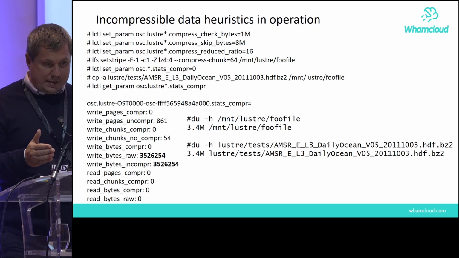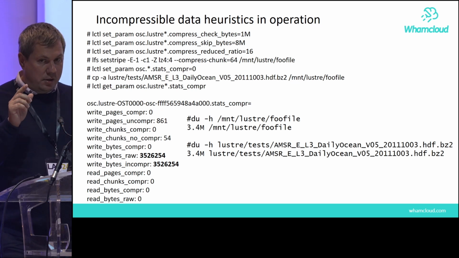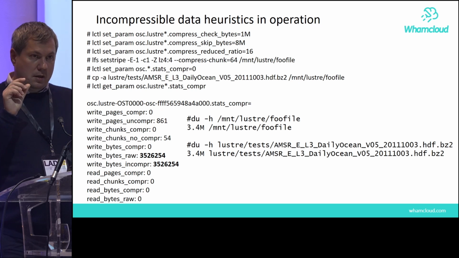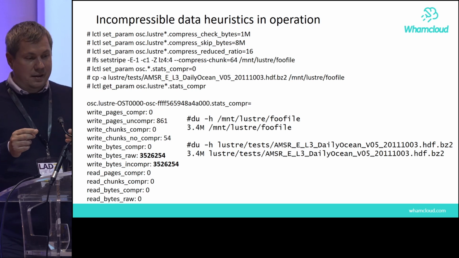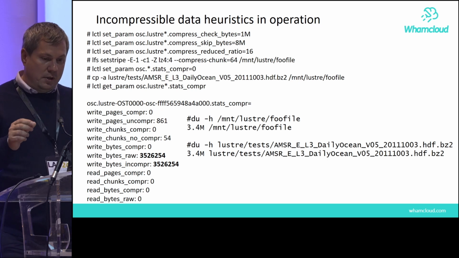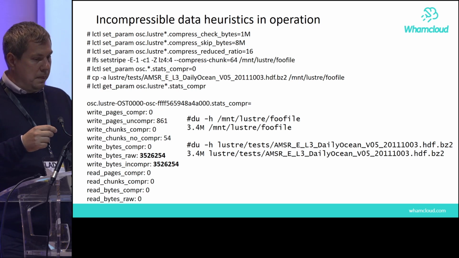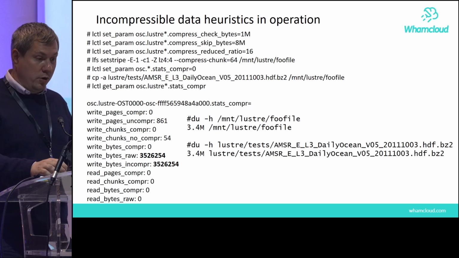This is called compress skip bytes. And the last one is the ratio. It says how effectively data should be compressed to decide that this is compressible data. Changing these parameters gives the administrator the ability to solve any scheme they want.